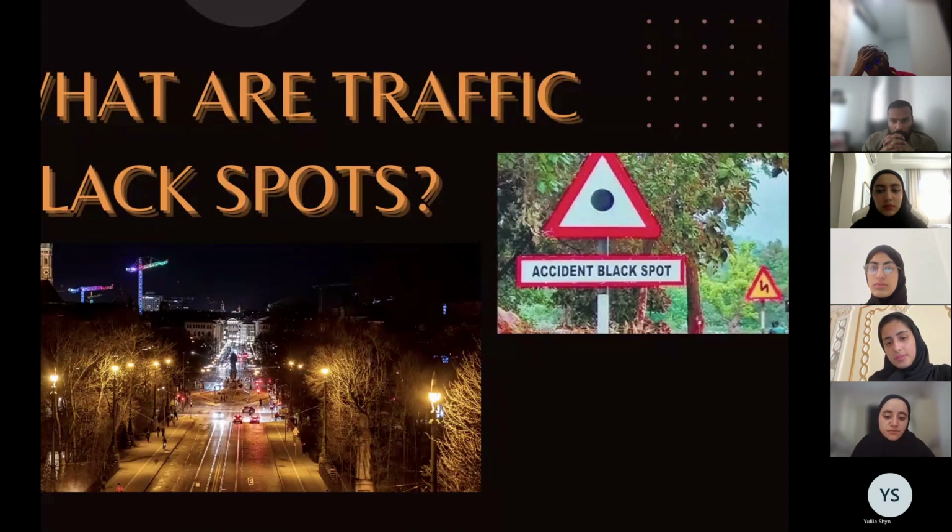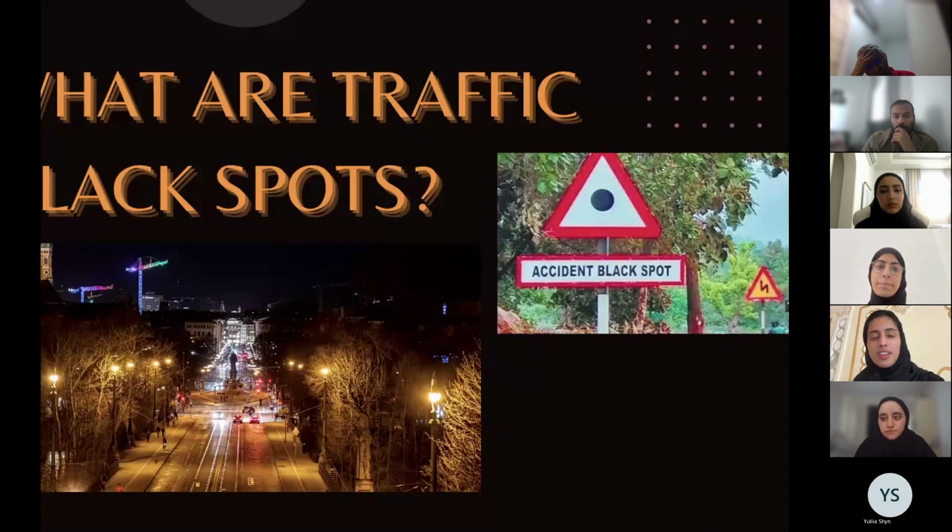Black spots can be detected by gathering crash information and finding out the reason behind it, to find a solution that might reduce or stop it. However, the ways people use now are not very accurate in detecting the exact length of the black spot, but it's helpful enough.